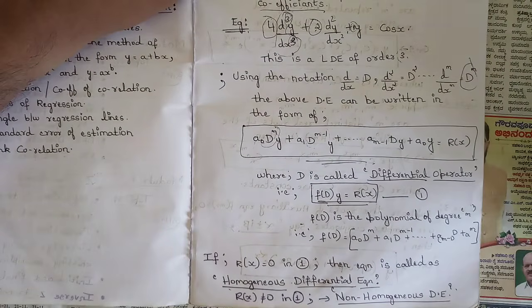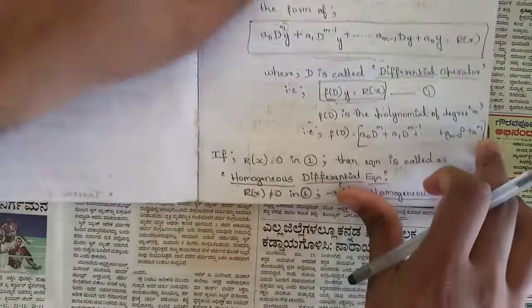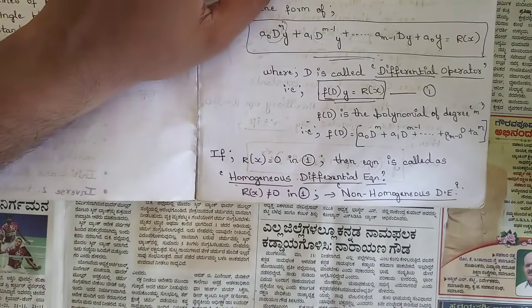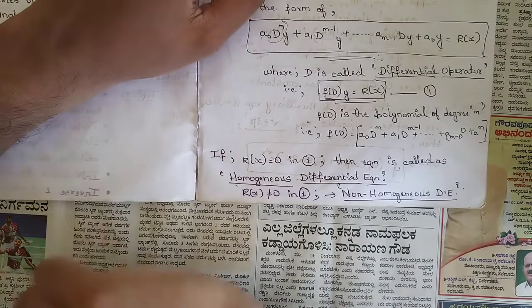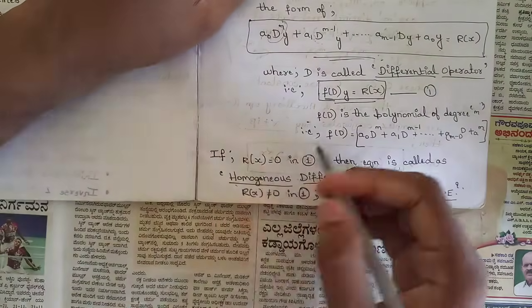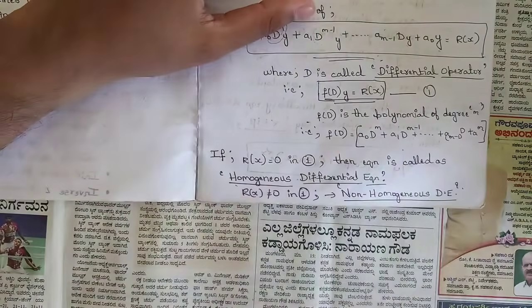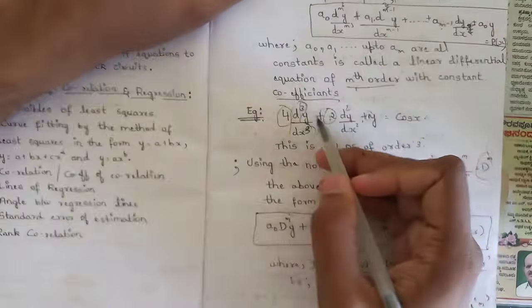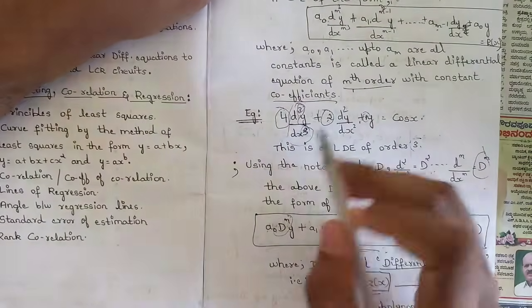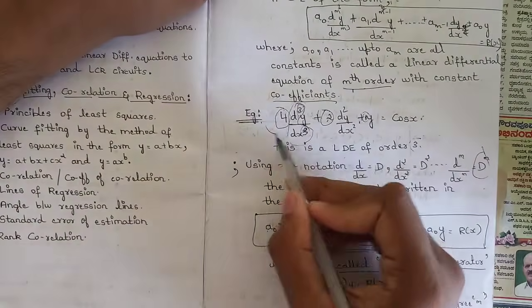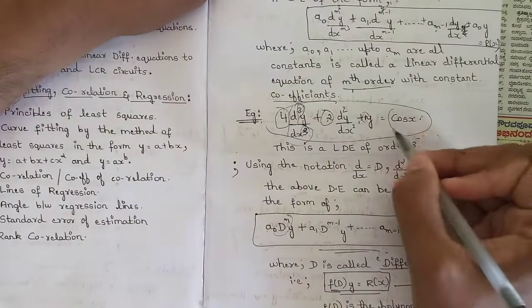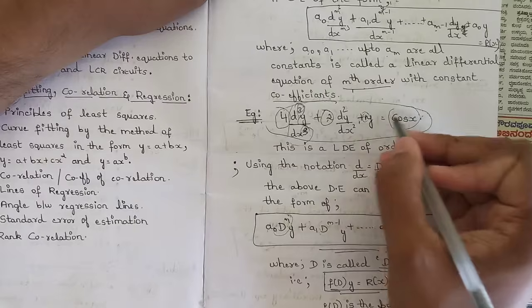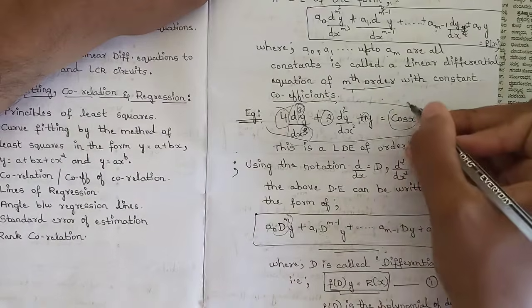Now let's see a few more topics, that is homogeneous differential equation. Take an example of this differential equation. This is not a homogeneous equation, since whatever we write here after the differential equation, equal to, we call it r of x.